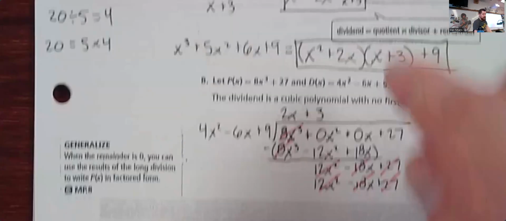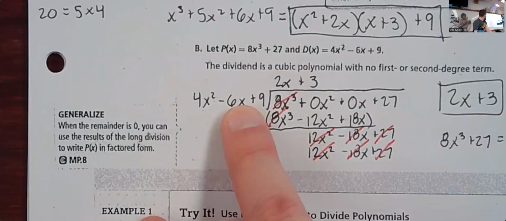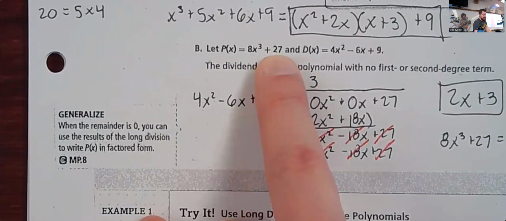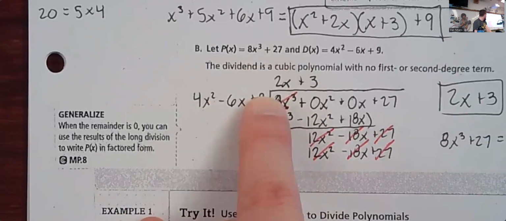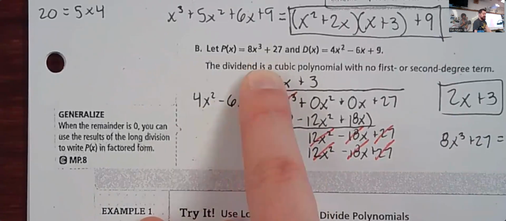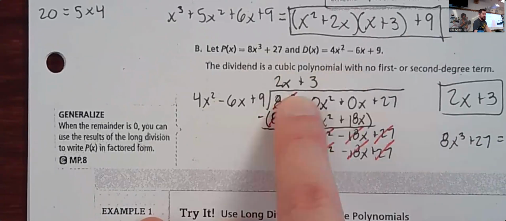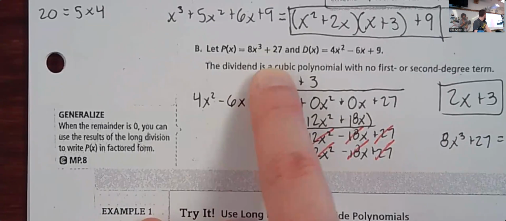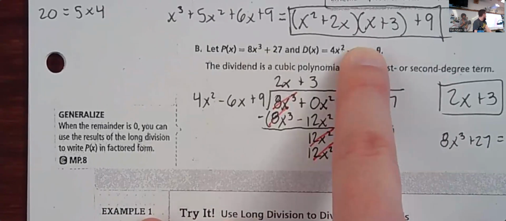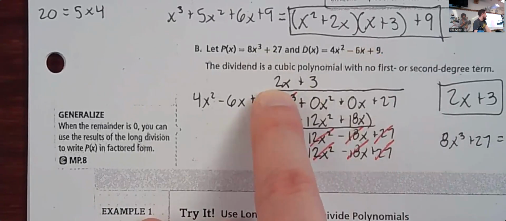However, 4x squared minus 6x plus 9 is a factor of 8x cubed plus 27 because there is no remainder. So 2x plus 3 is a factor, which means that 4x squared minus 6x plus 9 is also a factor. So if you divide this number by that number, you end up with another whole number.